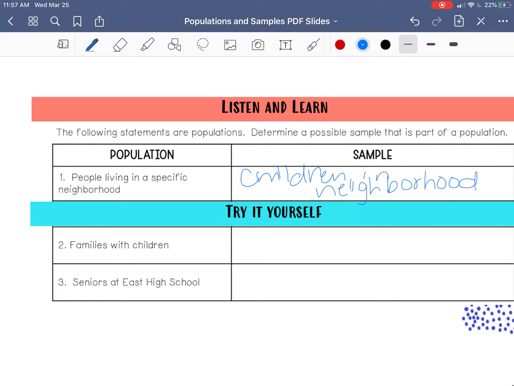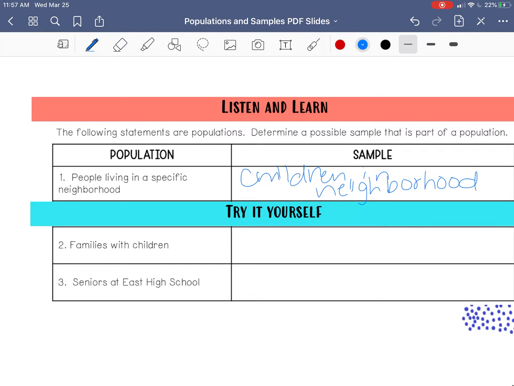But your sample could be elderly people in a neighborhood. Someone else's sample could be the parents that have children in the neighborhood. So a sample doesn't have to always be the same. You have specific reasons why you're looking at a sample.